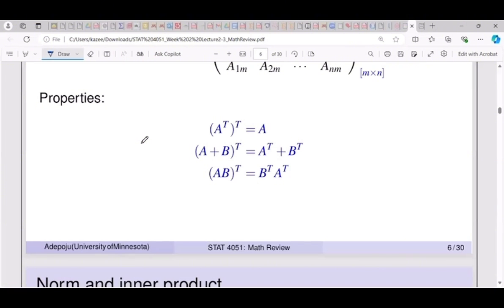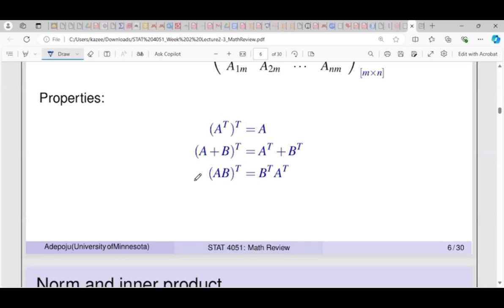The third one is trying to say, if I do matrix multiplication and I find the transpose of the resulting matrix, it is the same as taking the transpose of B and pre-multiplying it by the transpose of A. Let me tell you this.